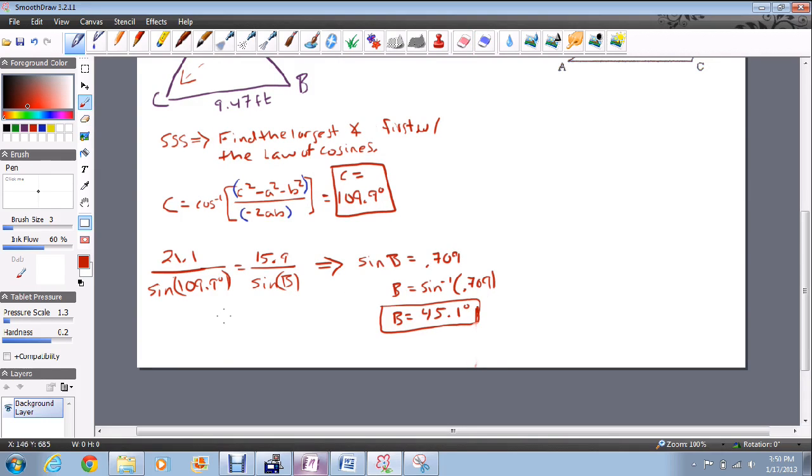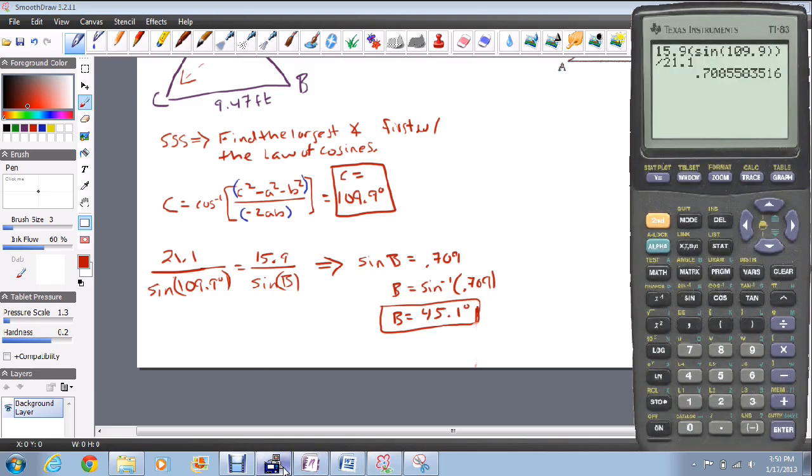Let's go do it on the calculator and see what we get, just to double check. Again, I'm going to hit second sine of my decimal, 0.709, and we get 45.15 degrees. I think when I originally did the problem, I just plugged in the entire decimal, so my rounding was slightly different.